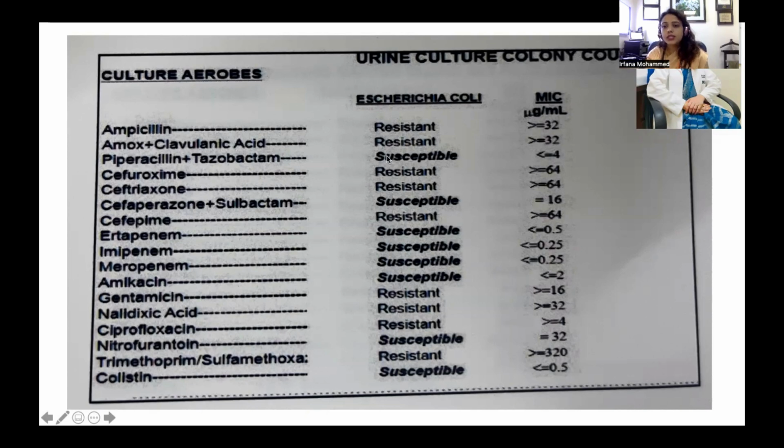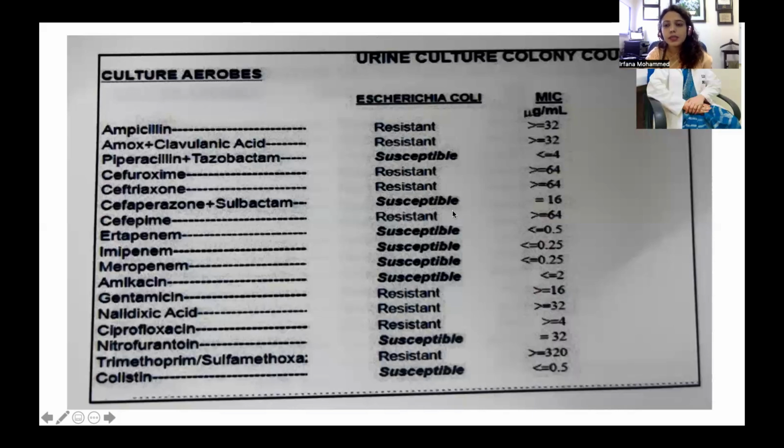The definition of ESBL is that the organism should be resistant to third generation cephalosporins and sensitive to BLBLI, beta-lactam beta-lactamase inhibitor, and aztreonam, the mechanism being hydrolysis. So here it is resistant to third generation cephalosporin but susceptible to beta-lactamase inhibitor. So this is a typical ESBL organism.